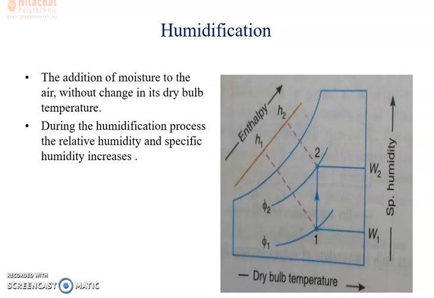Also we can write hfg times (W2 minus W1), where hfg is the latent heat of vaporization of water at the dry bulb temperature. So this is about humidification.